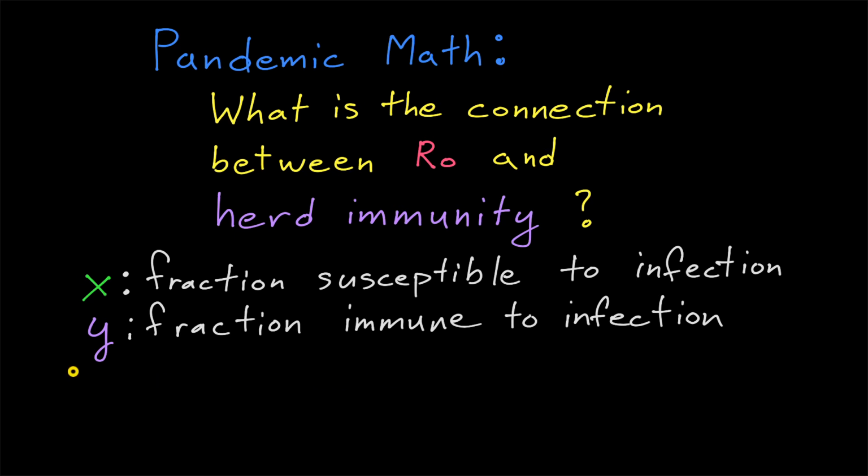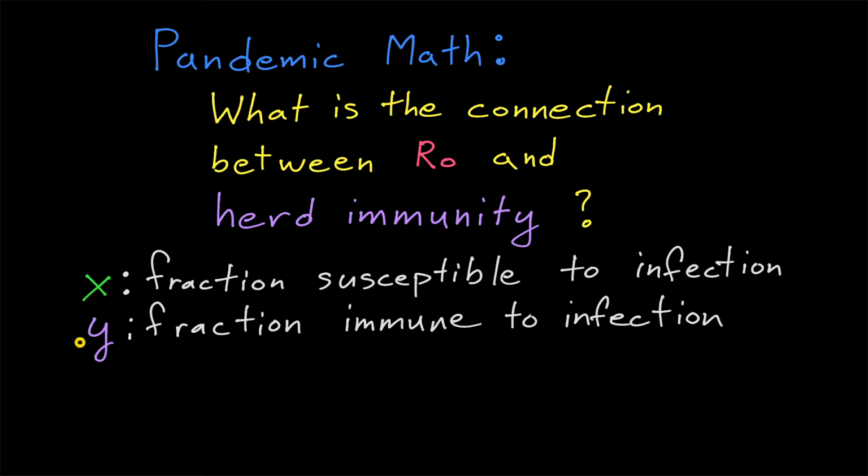And let's say if you've already had COVID-19 and you got better, that develops some immunity. That is not necessarily true. This is a math explanation, not a biological explanation, but let's just assume that if you've gotten COVID-19 and then you got better, then you develop some immunity to COVID-19, and let's say 10% of a given population is immune. That would mean Y is equal to 0.1, because 0.1 is the decimal representation of 10%.